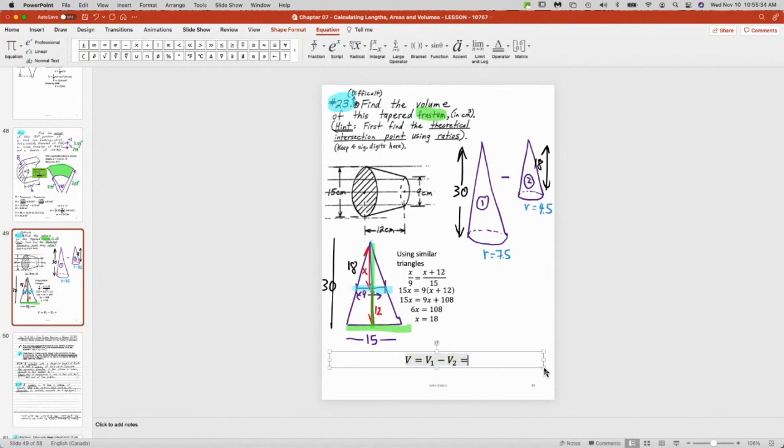The volume of the first cone is going to be 1/3 pi 7.5 squared times 30. Volume of the second cone is going to be 1/3 pi 4.5 squared times 18.